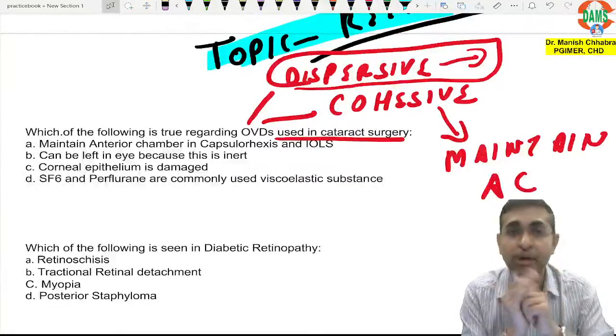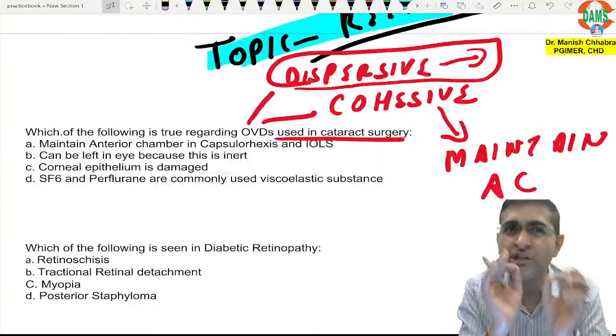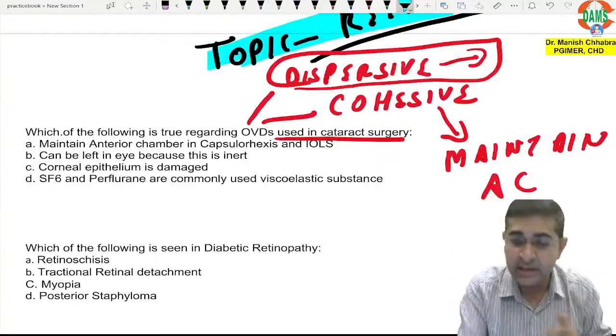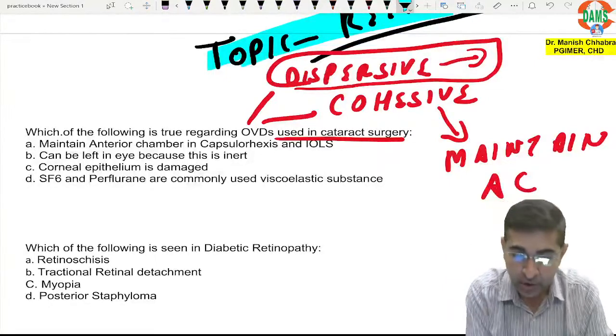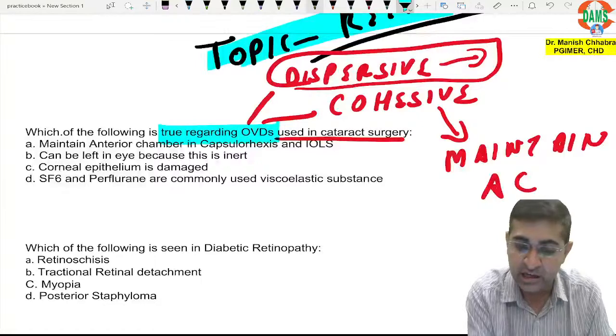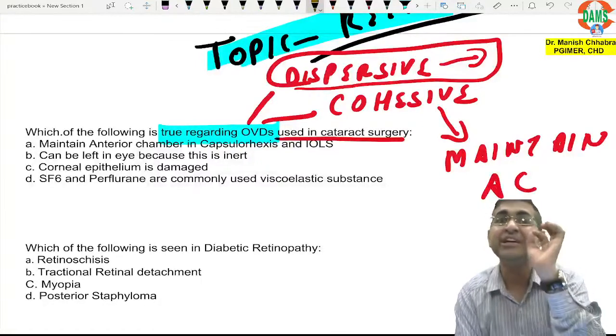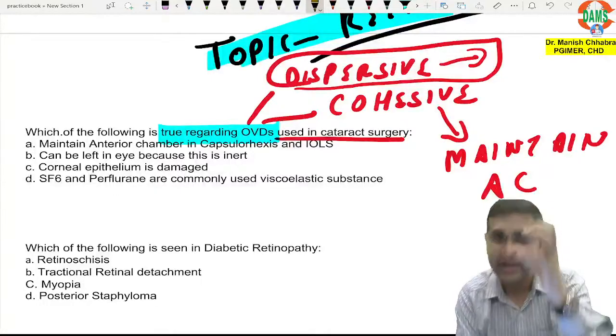Now coming over to the options. Whenever you read the question, you have to analyze and process what the examiner is asking about. Here the examiner is asking about OVDs. If you don't know OVD, it will be difficult for you to answer this question.